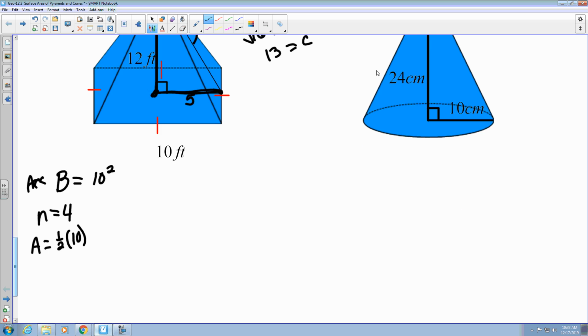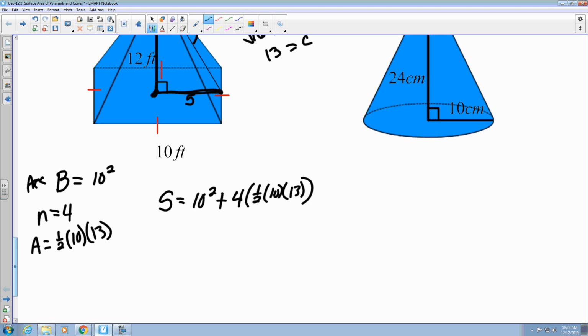So to look at the area of these particular triangles, it's going to be 1/2 times 10 times 13. Using the formula, the surface area is going to equal the area of the base, which is 10 squared, plus n, which is 4, times 1/2 times the base, which is 10, times the height, in this case 13.